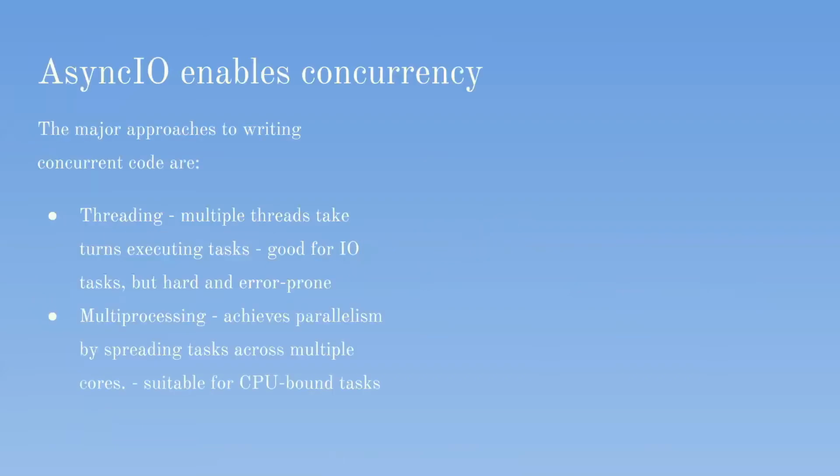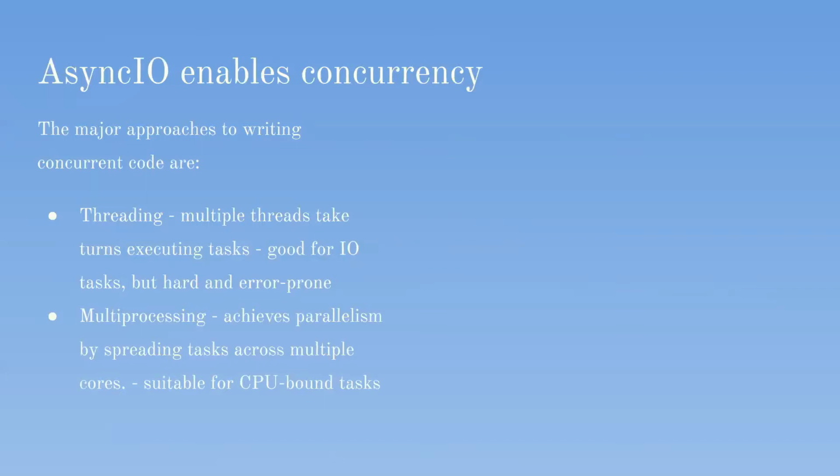So for the overview, asyncio enables concurrency. Concurrency is the concept of being able to execute multiple different jobs at the same time, although not necessarily at the same time, they don't have to be executing in parallel. They can take turns at executing.